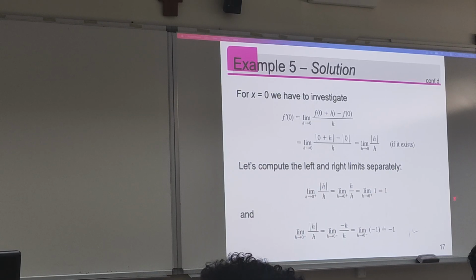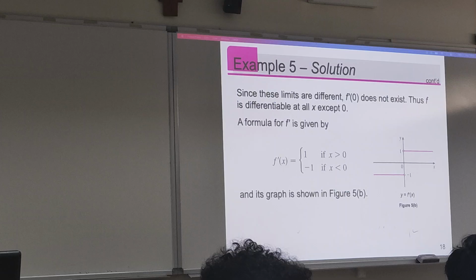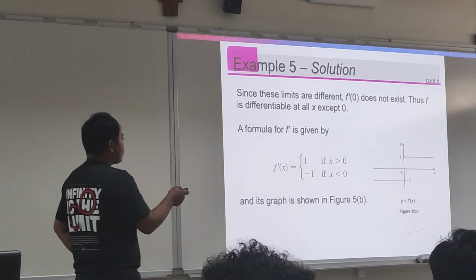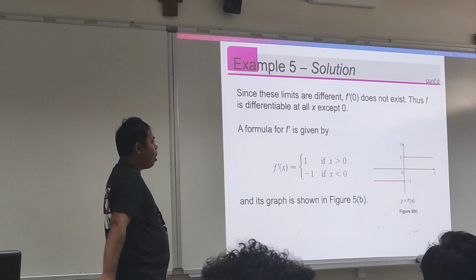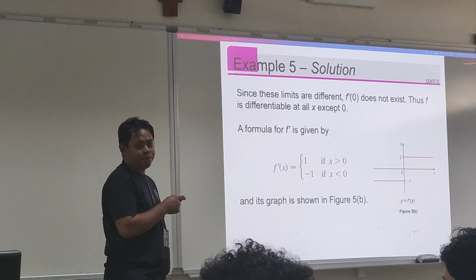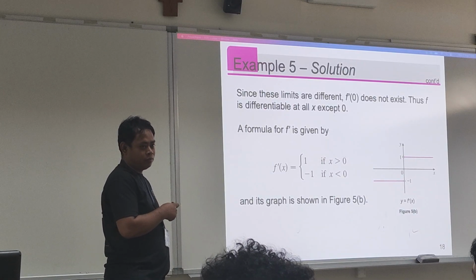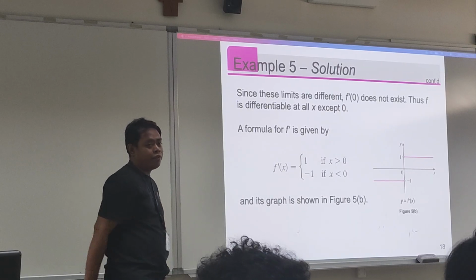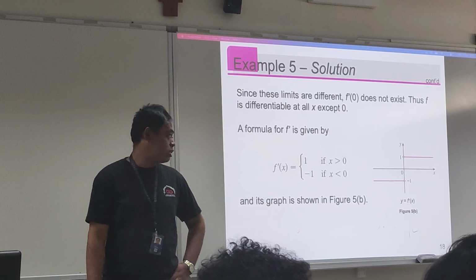The left and right derivatives are 1 and negative 1, so the limit of your function actually does not exist. Thus, your f is differentiable at all x except at 0.